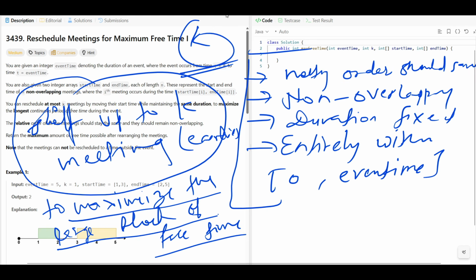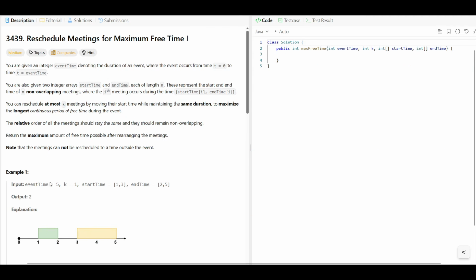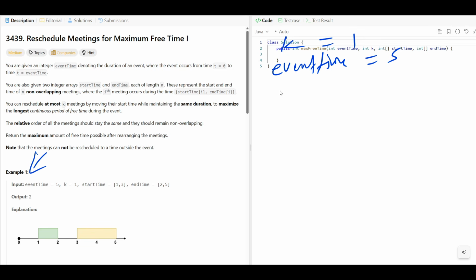Let's understand what the question is saying. Example 1 says the event time is 5. Then k is 1. The start time is 1 and 3.